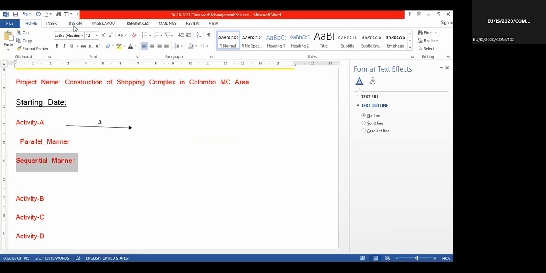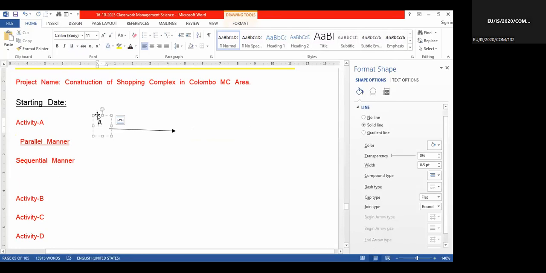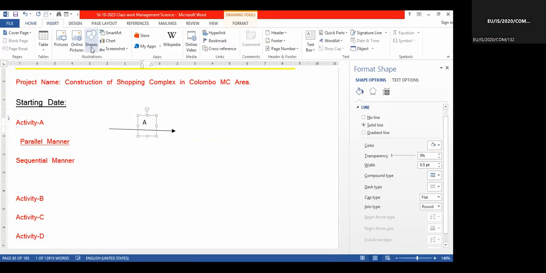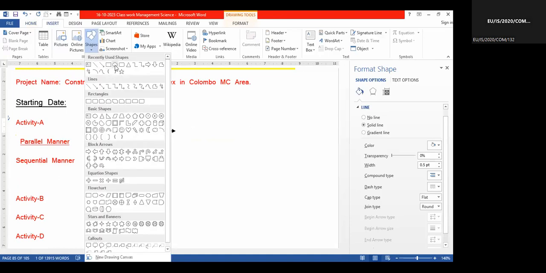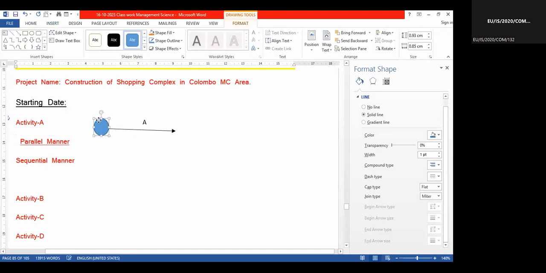So that means there is a head event and a tail event. Every activity has a head event and a tail event. Normally we use a circle to denote the activity's starting point and also its ending point.